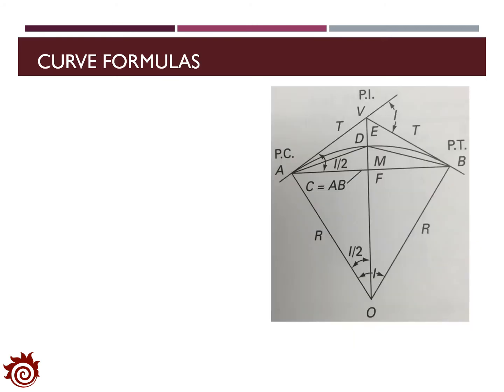Now let's see how we can conduct the calculation for the horizontal curve. Assuming that we can measure the intersection angle for the curve A to B, and the angle is I as shown in this figure.